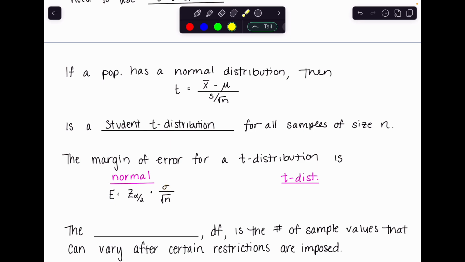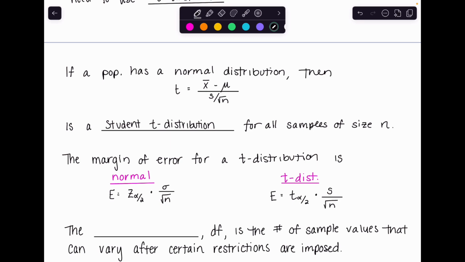So I'm going to use my sample standard deviation. And I'm going to have a different value here that ends up being a little bit larger, again, because we end up with these fatter tails. So more data sits further out. So in this case, our margin of error with the t-distribution is going to be a t critical value times the sample standard deviation, divided by the square root of n, okay?